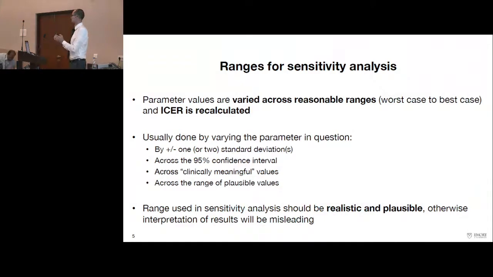You will have either a standard deviation or a 95% confidence interval. So those would be good ranges to vary the parameter, from the lowest point in the 95% confidence interval to the highest point. If you have standard deviations, you can do plus minus 1 to maybe 3 standard deviations.